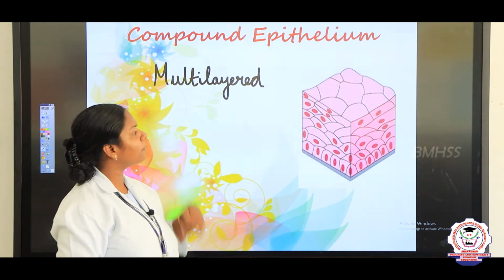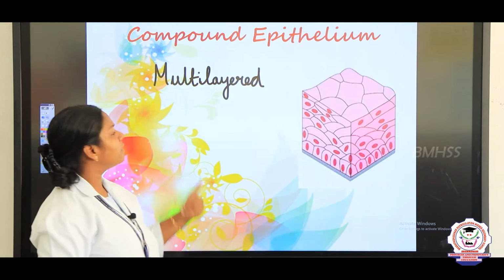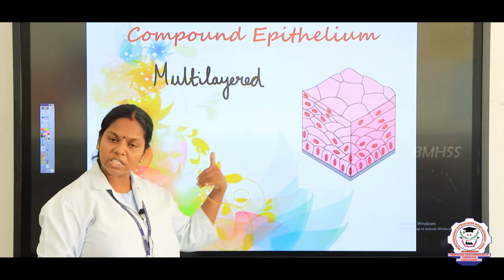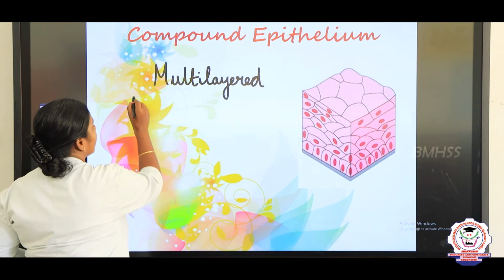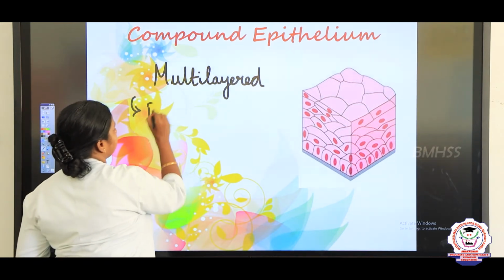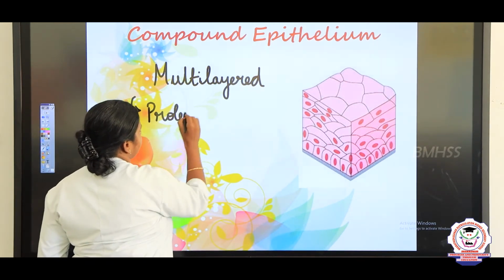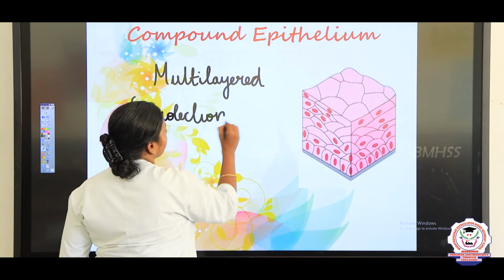And this compound epithelium we can say where it is found. Again, it is divided into many categories. First one is protection. What is the main? Protection.